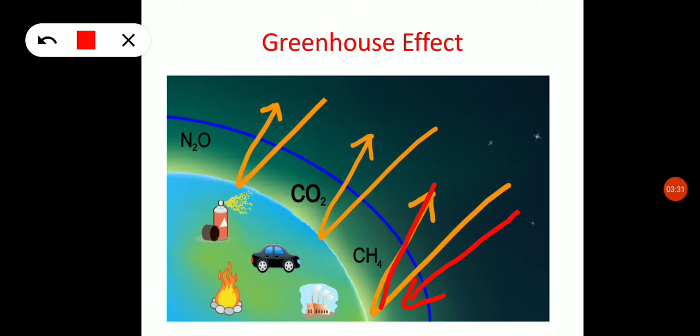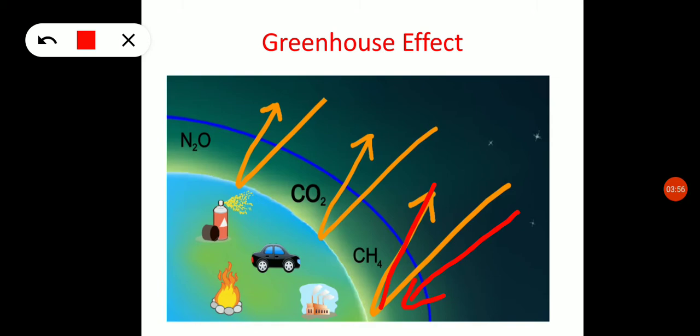You have observed greenhouse nurseries. How are they built? They have been built based on this principle only. The sun's heat is allowed to get into the greenhouse, but it is not allowed to go out.